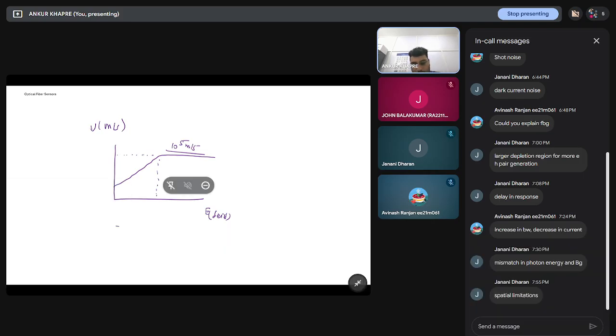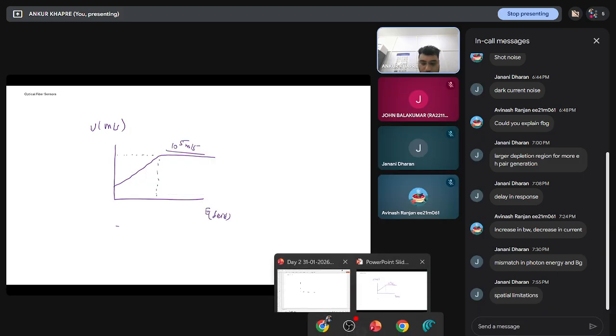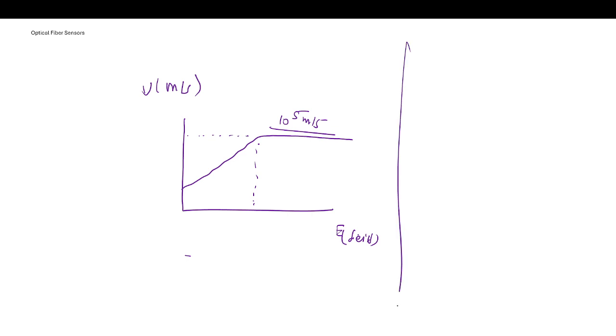Okay, let me ask one question to you. Calculate the responsivity if you have the lambda value of 1.35 micron, then efficiency which is 0.9. Calculate R. What could be the R?